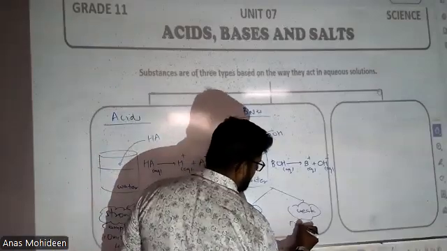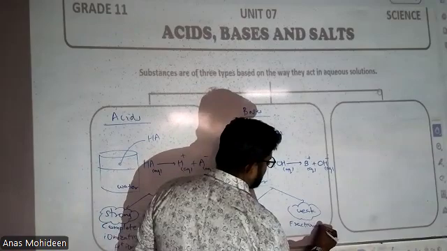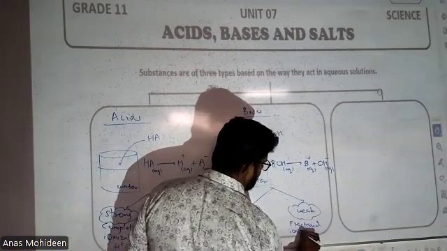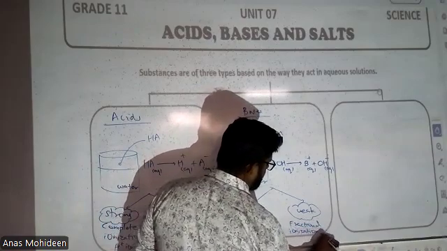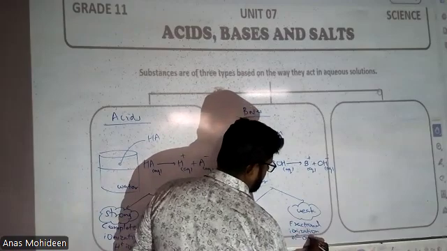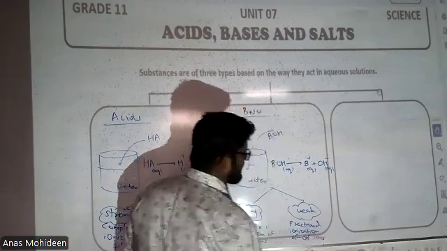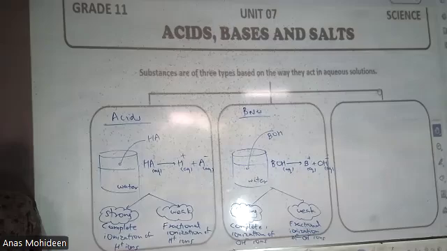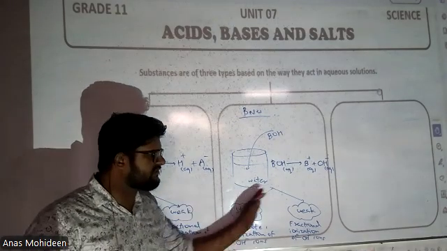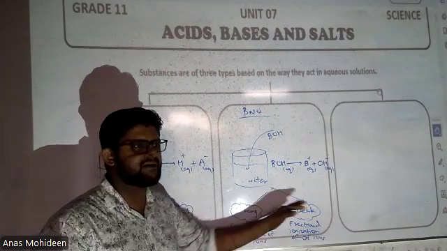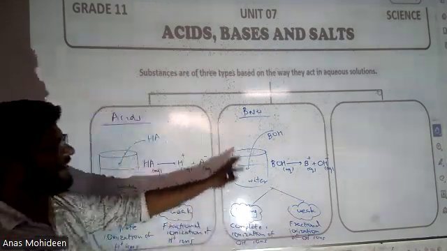And here, fractional ionization of OH minus ions. So, complete ionization, fractional ionization. Complete, partial. So, this is how we divide bases.